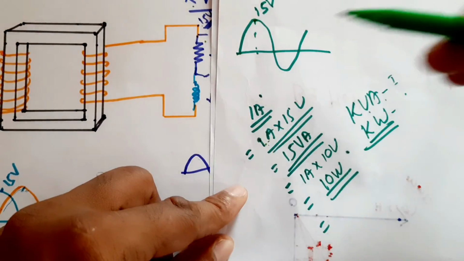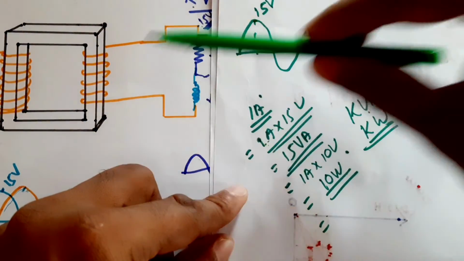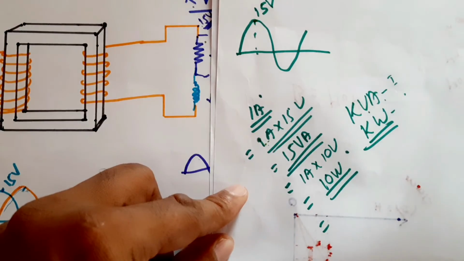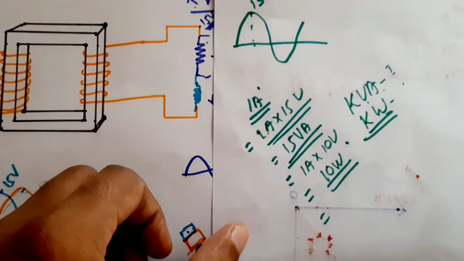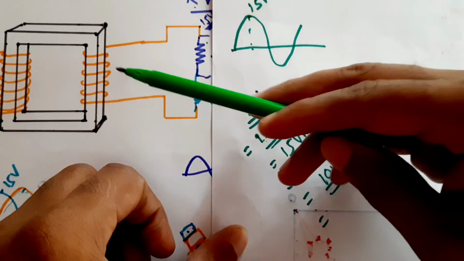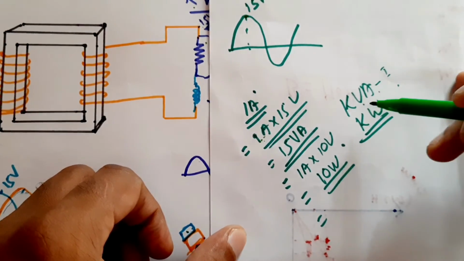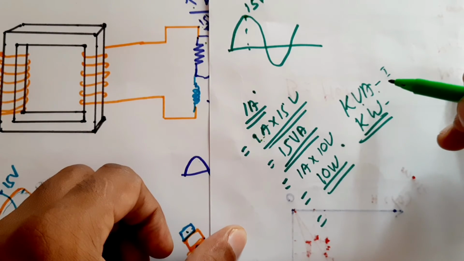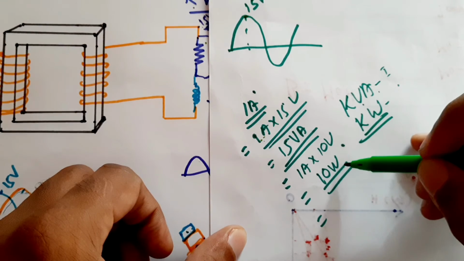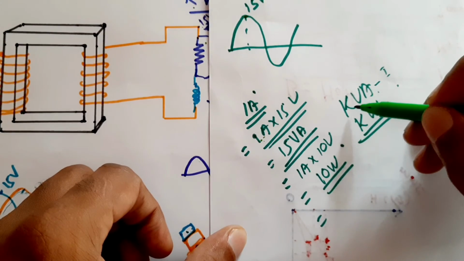So the transformer has to have the capability to supply this much power to the load. That is why a transformer is rated on the basis of kVA, not kW. It has to supply the total energy, even though the dissipative energy is much less.